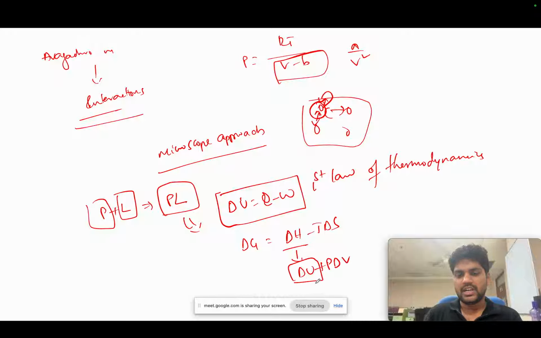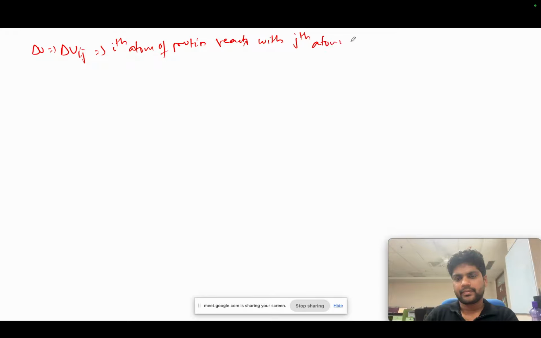Now, how the internal energy is calculated: if I give you a system and ask you to find everything, we can understand, but here we have two components and we need to understand the interaction between them. So we consider delta U as delta Uij, where the ith atom of the protein interacts with the jth atom of the ligand.